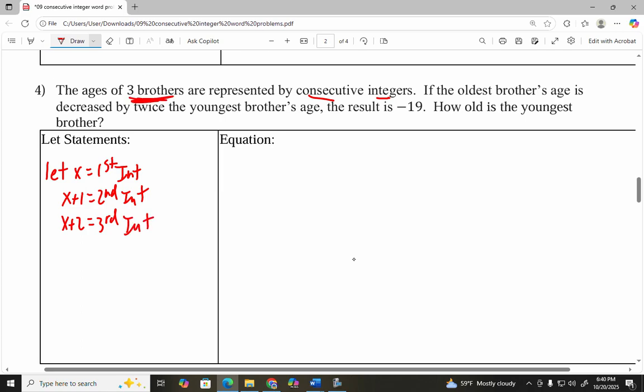And their ages are represented by the consecutive integers. So over here, when they're talking about the oldest, which one is the oldest? Is it the first integer, second integer, or third integer? Yeah, the third integer, right? Because it got more added on. So I'm actually going to write that this is the oldest. Therefore, this first one is the youngest.